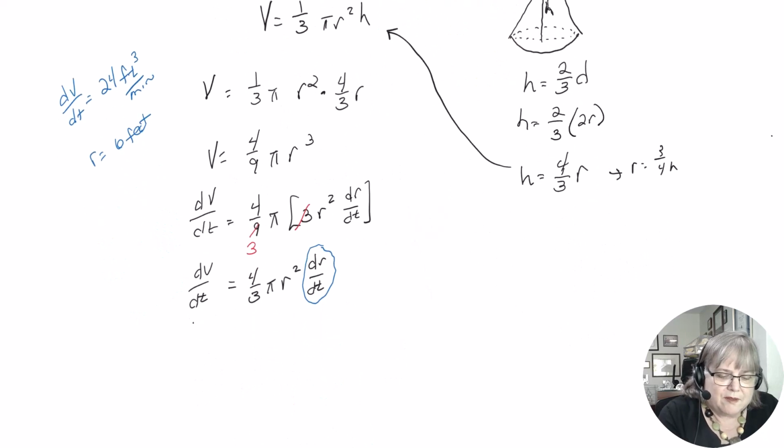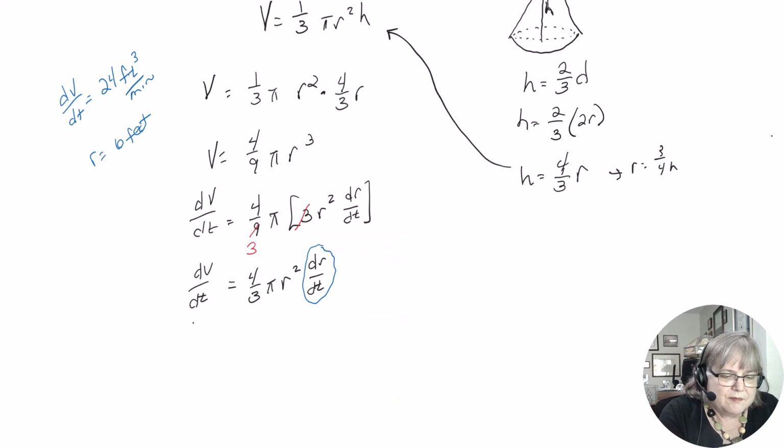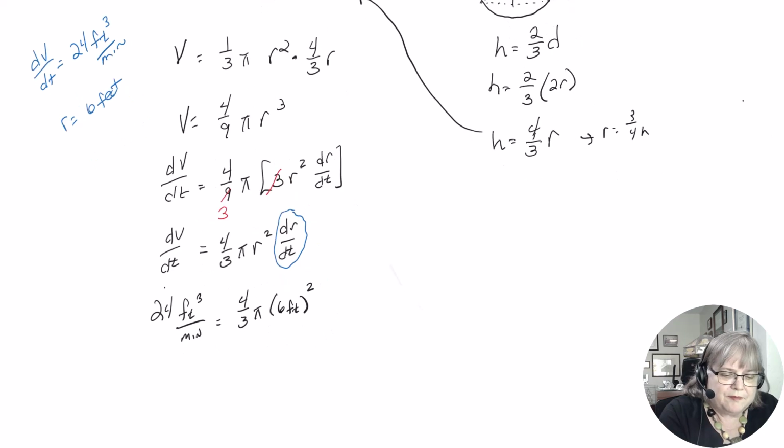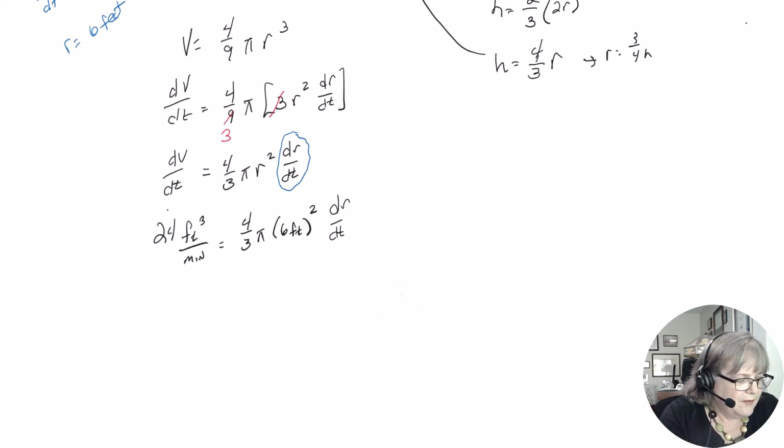Okay? So dv dt is 24 cubic feet per minute. And this is 4/3 pi. R is 6 feet squared dr dt. All right?